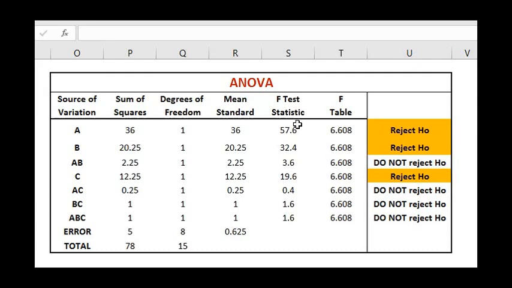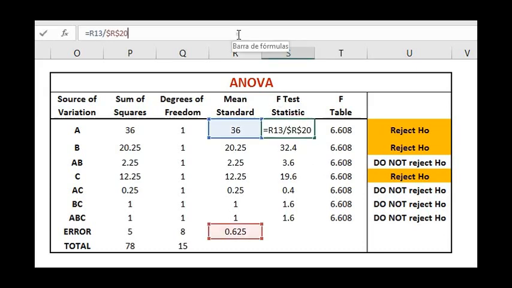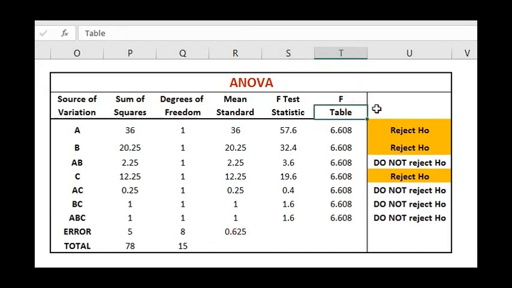This F test statistic can be calculated with the mean square of each of the factors and also the interactions of them divided by the mean square of the error. The F value can be found graphically with our F table at a significance level of 0.05.